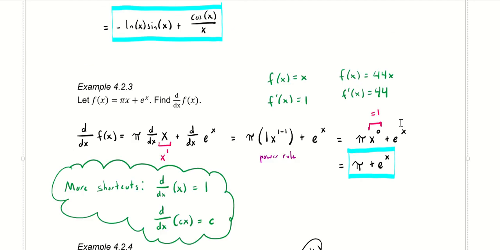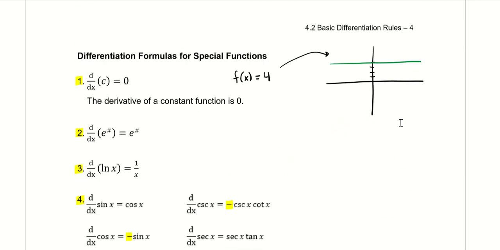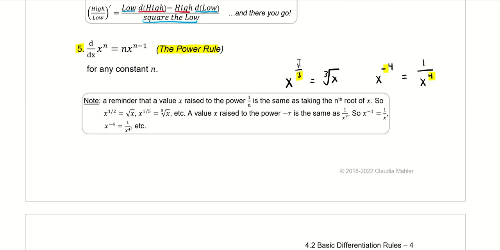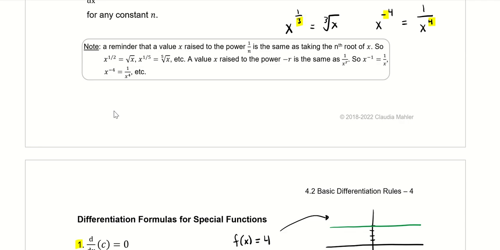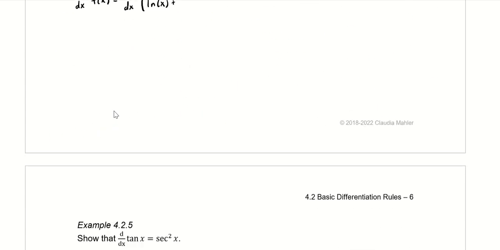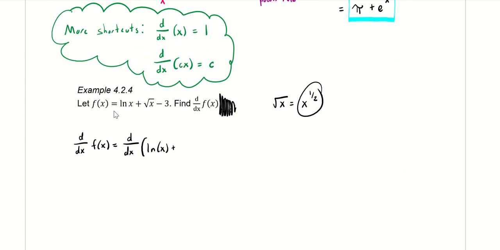If I have x to the 1 over something, it's the something root of that, right? So here's x to the 1/2. That's the square root of x. So if I have the square root of x, I'm going to convert it to x to the 1/2 because that's going to make it maybe a little bit easier for me to use, as we'll see here, the power rule.